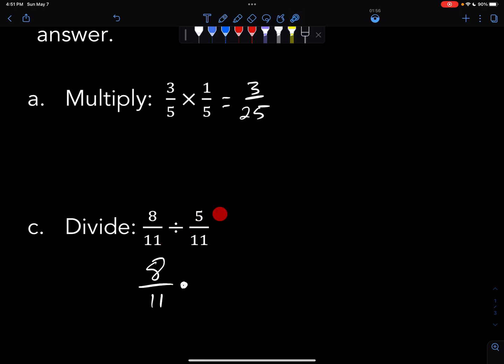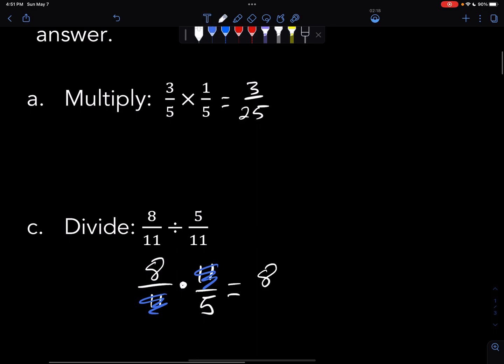So we take this fraction here and we flip numerator and denominator. So it becomes 11 over 5. Then we can do the cross cancel here and here. And we end up with 8/5.